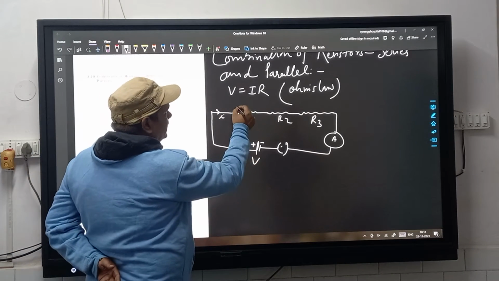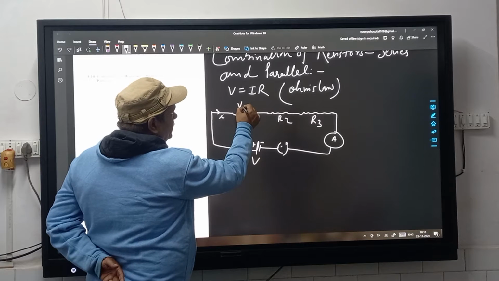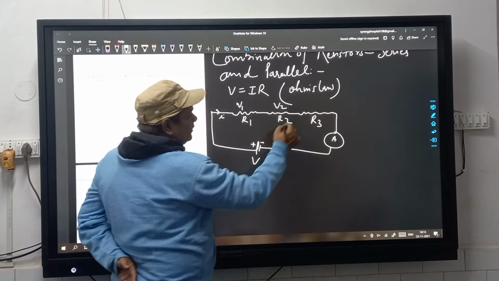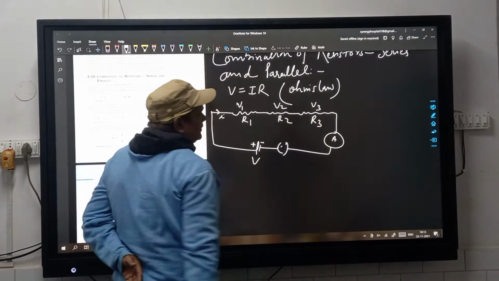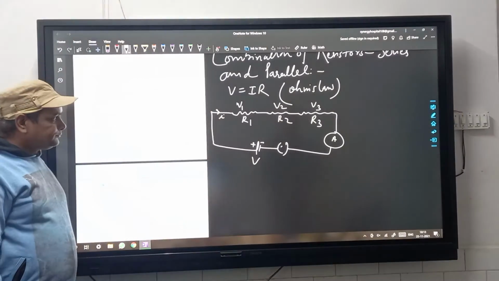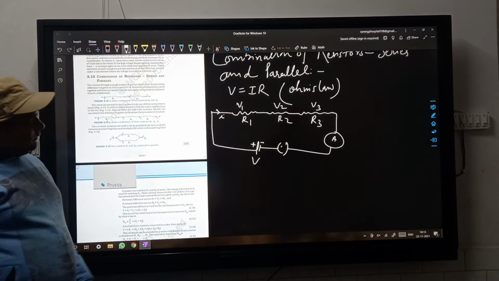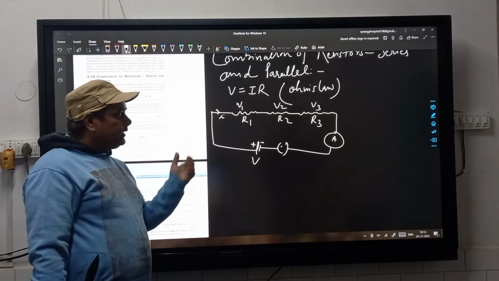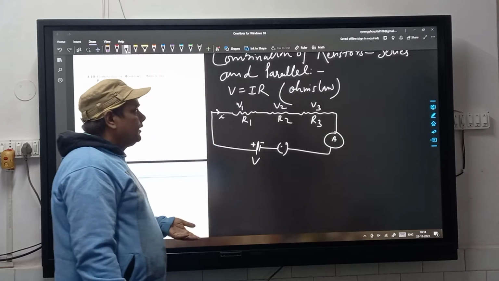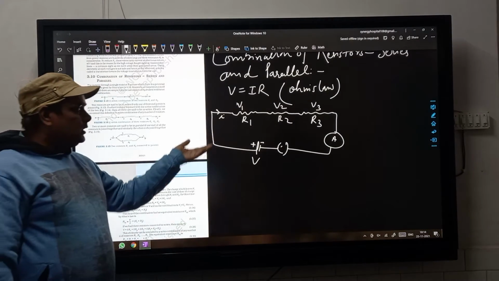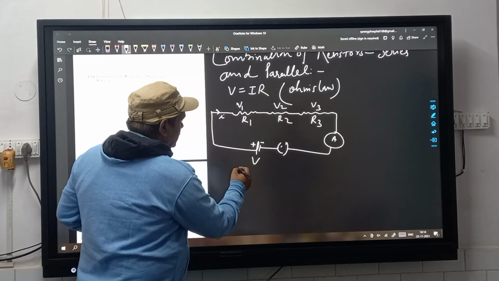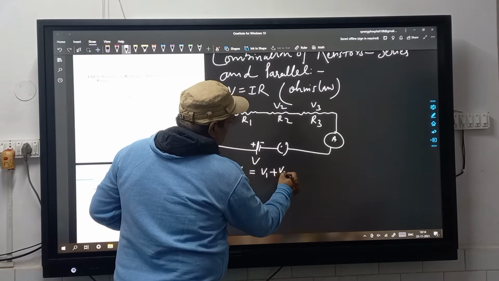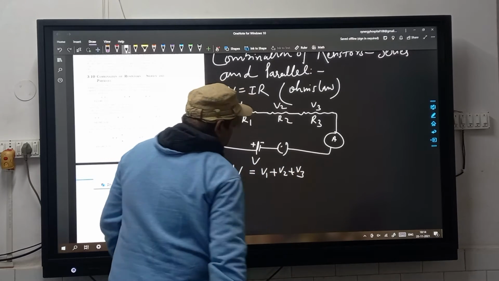It gets divided into V1 in R1, V2 in R2, and V3 in the resistor R3. Total current always remains the same in the circuit, whereas electric potential varies according to the strength of the resistors. That is, total electric potential V is equal to V1 plus V2 plus V3.